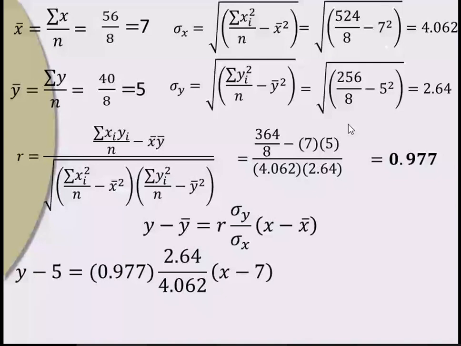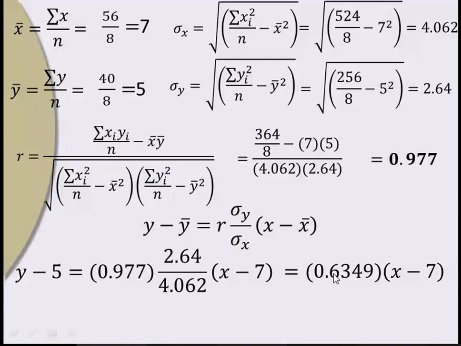So we get y minus 5 is equal to 0.977 times sigma y, 2.64, divided by sigma x, 4.062, into x minus 7. Simplify it, take the product of these terms. It will be 0.6347 into x minus 7. So this is the regression line of y on x.